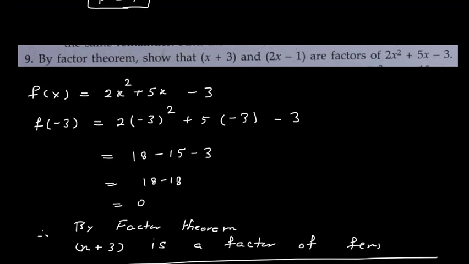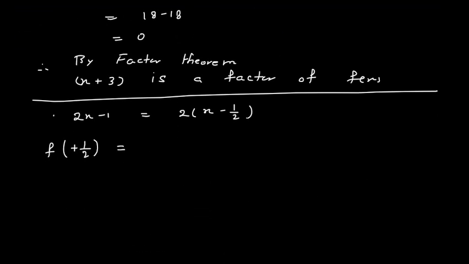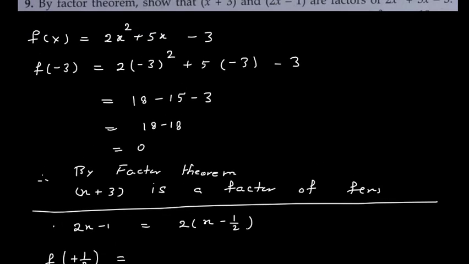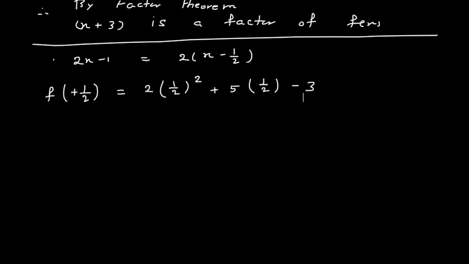So f of half will be 2 into this half square plus 5 into half minus 3. Now this is 2 into 1 upon 4 plus this is 5 upon 2 and this is minus 3.